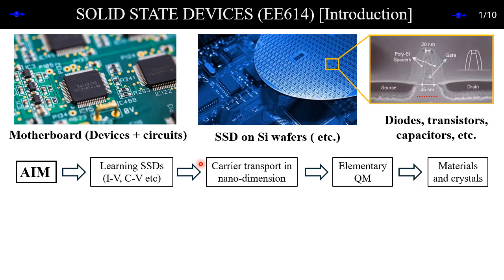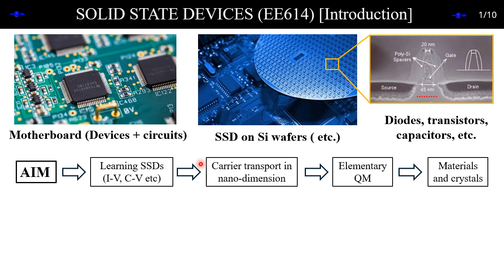For that, if you want to find the current or capacitance, what do you need to know? You need to know the carriers which are moving: the types and numbers of carriers. So carrier statistics comes into the picture.